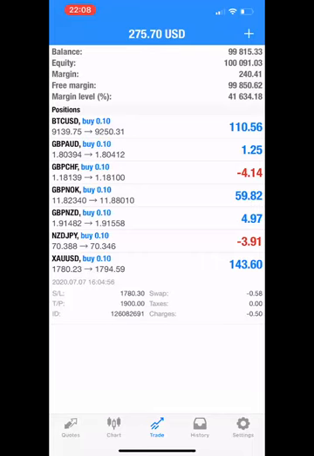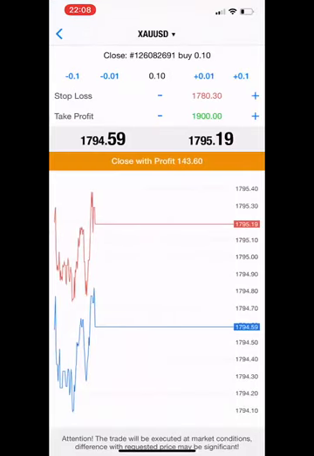So I click on close, right? And you see, it gives me the option of close with profit 143.60. But once I reduce the lot size, the profit changes.